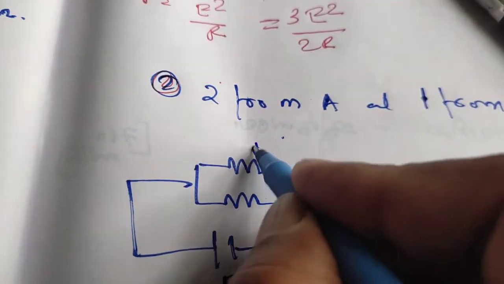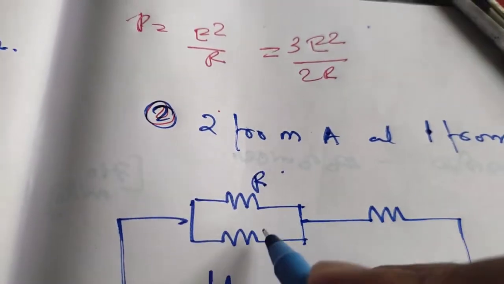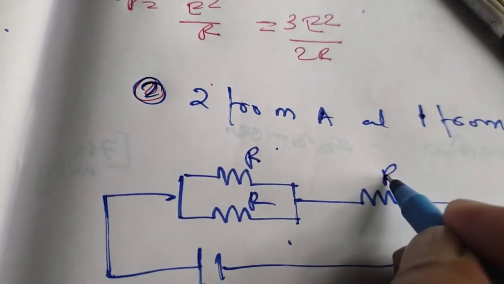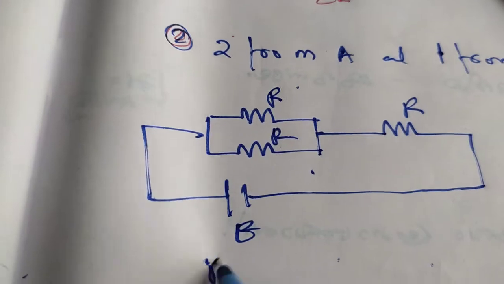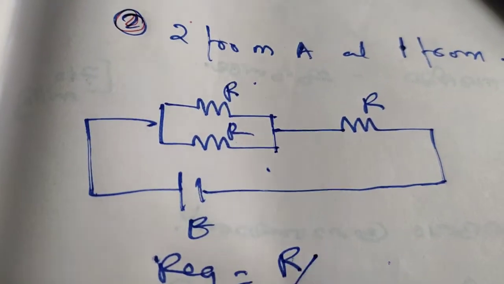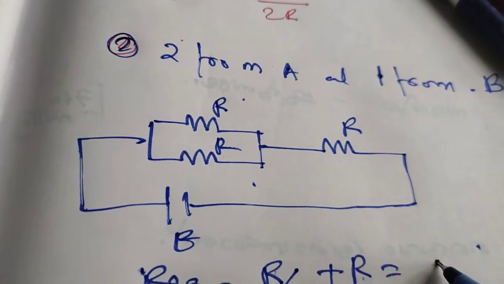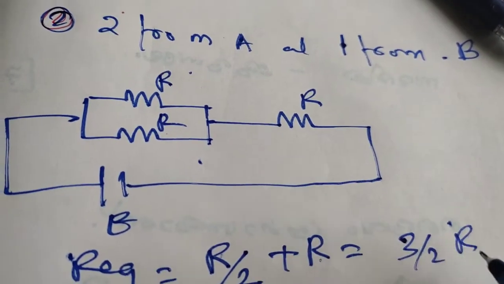So this is R by 2, and R. Here R equivalent is equal to R by 2 plus R, which is 3R by 2.